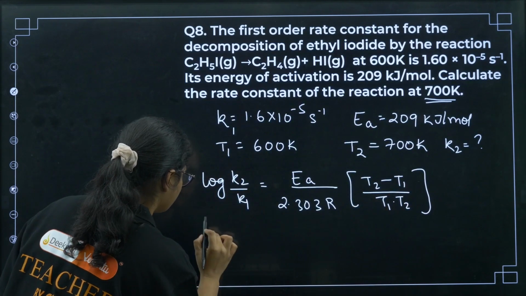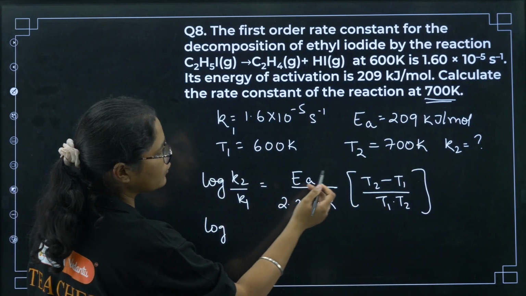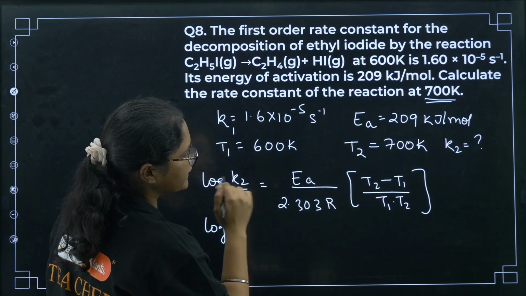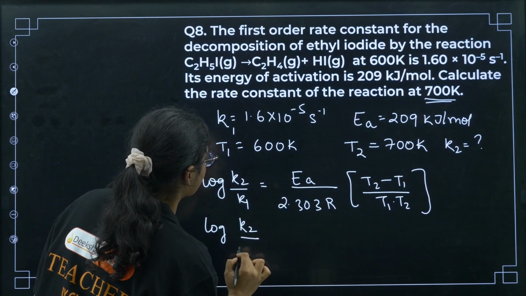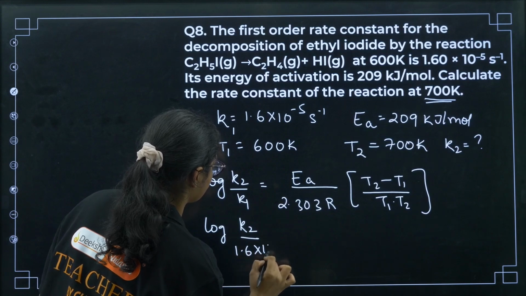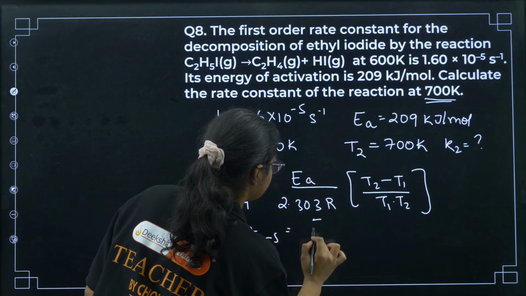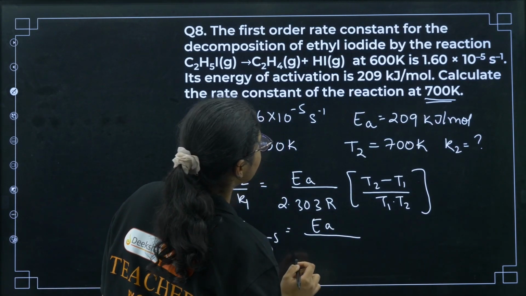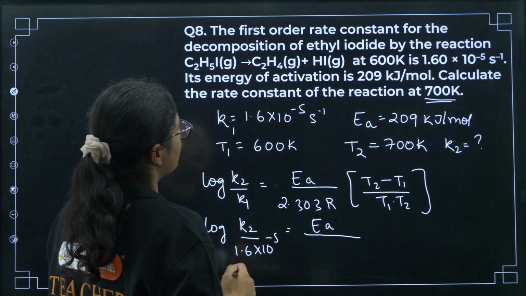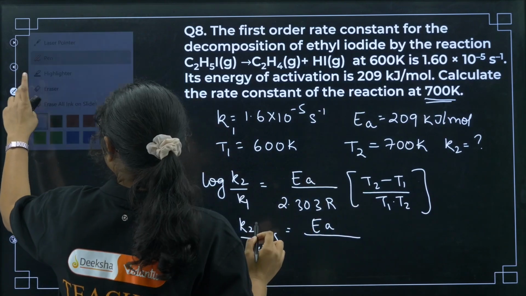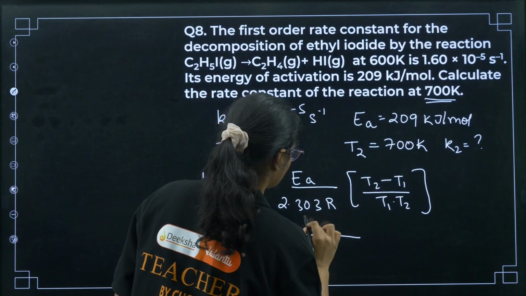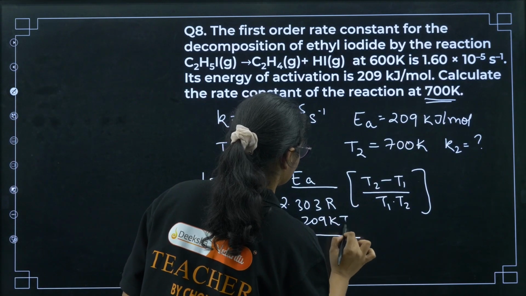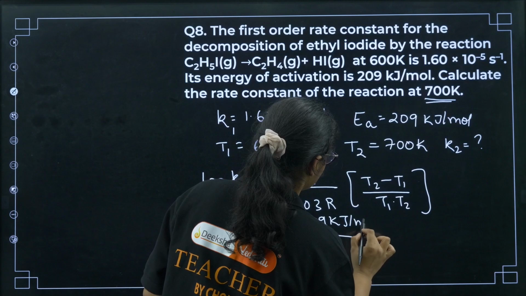So now, if I get log of K2 by K1, K2 we have to calculate, K1 is 1.6 into 10 to the power of minus 5. EA is given to us, so 209 kilojoule per mole.